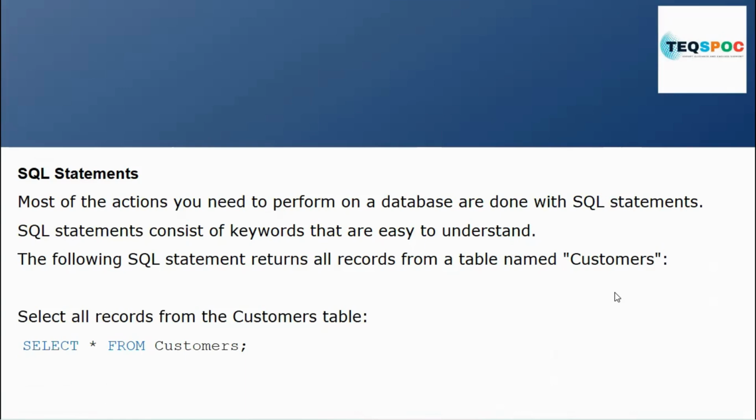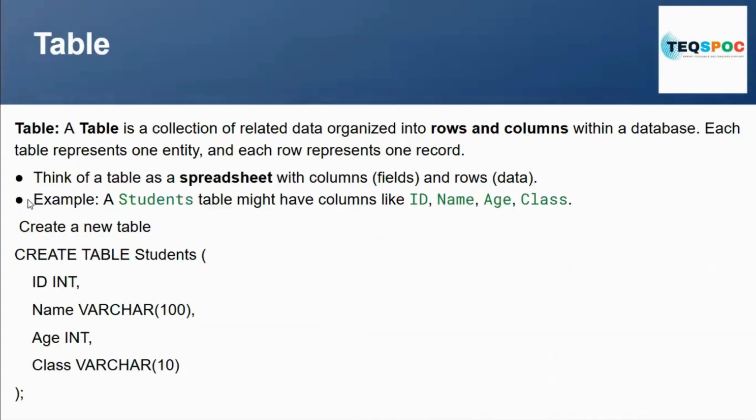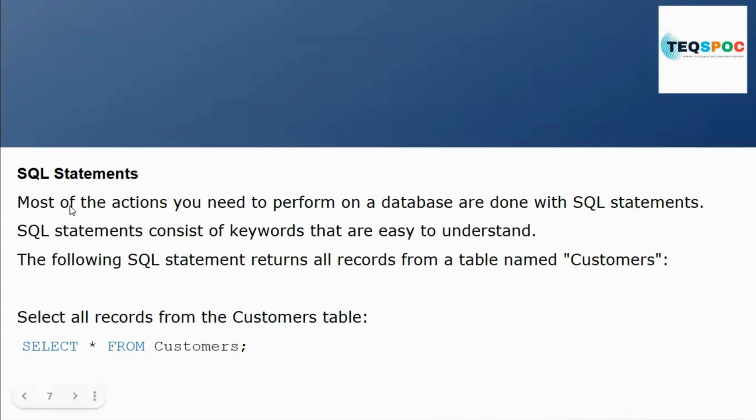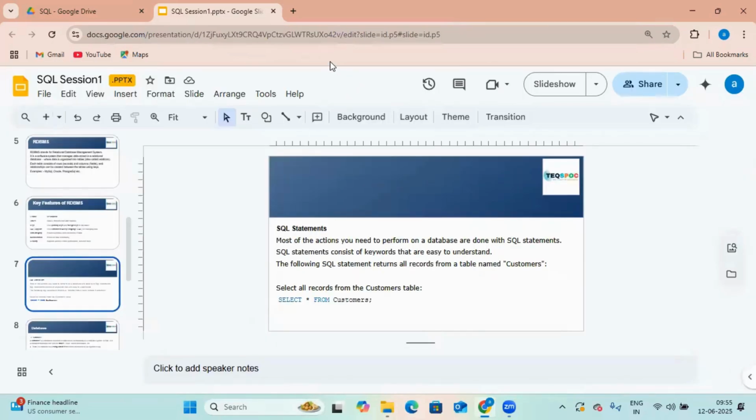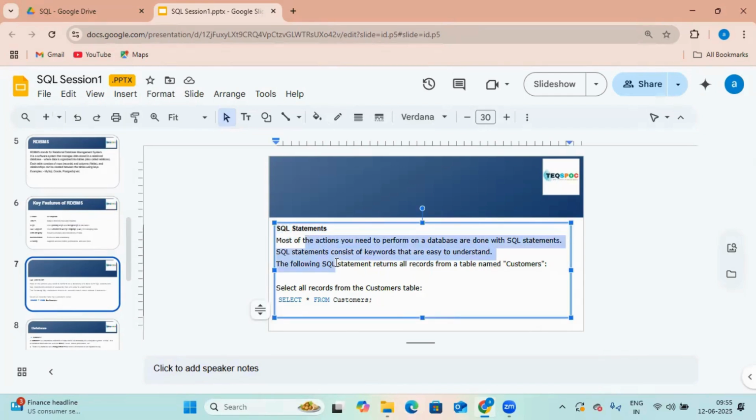So you have one table whose name is customer, and now you want to select all the records from the customer table. Select basically means, like here, you want to select these four lines. How do you select them? Click the mouse button, and in this way you select all the things. This is basically the meaning of select.